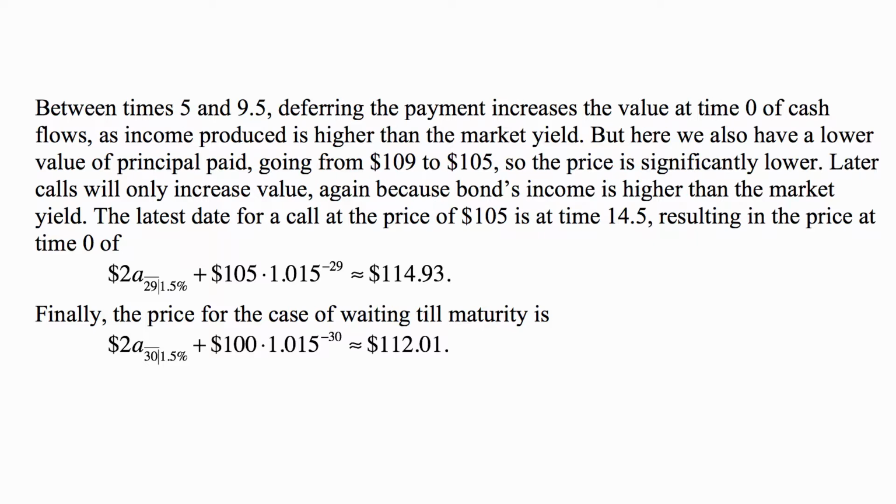Now, if the bond is not called, it's just redeemed at maturity, then the price today of all the coupons plus redemption value of 100 after 15 years, so after 30 half-a-year periods, is 112.01.